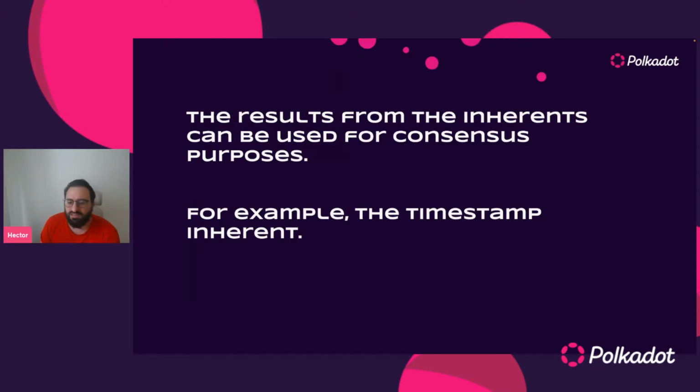So one example is the timestamp inherent, right? It gets the time from the node when it's authoring the block. That timestamp is called from the client and provided to the runtime, and the runtime plugs it into the block as an inherent. Something worth mentioning is how the inherents are read by the runtime.